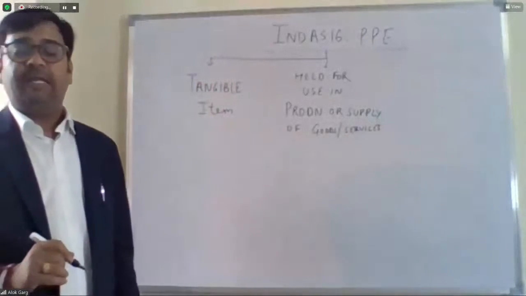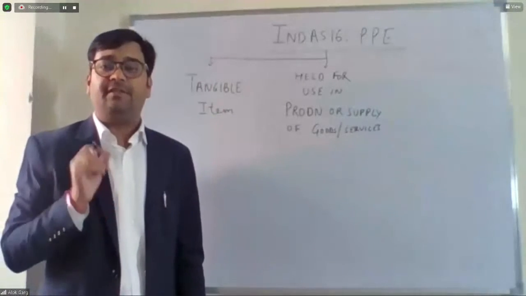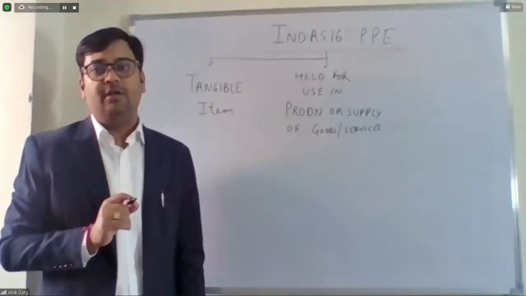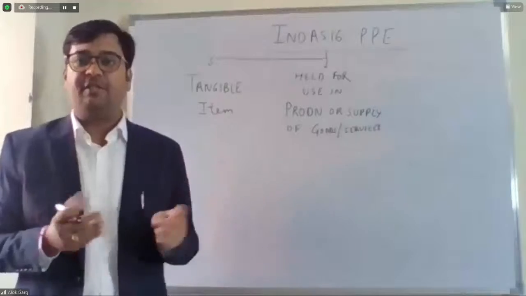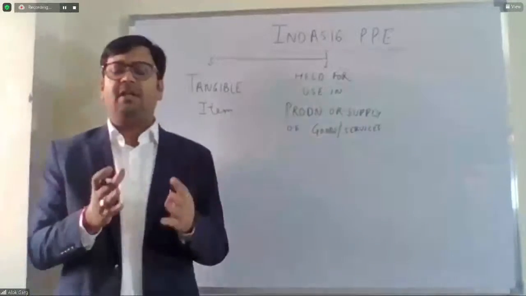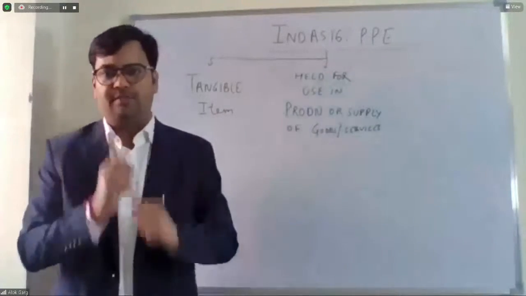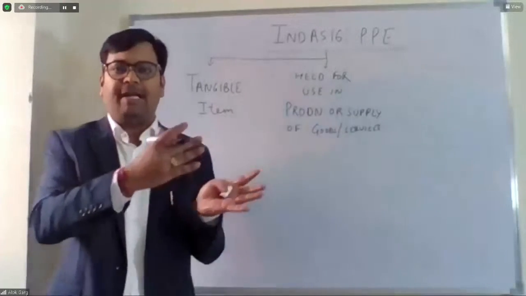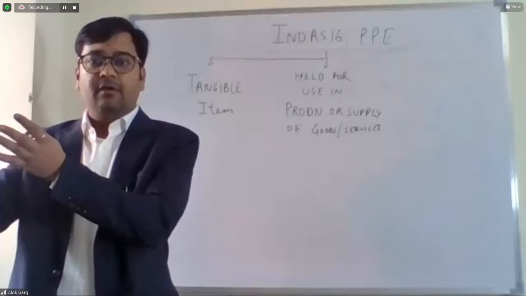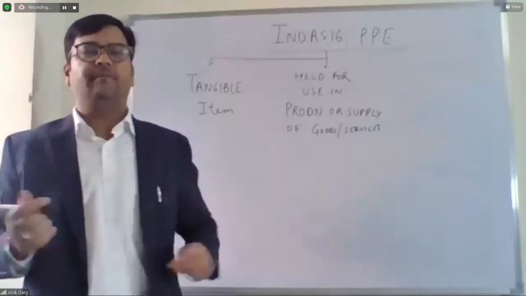So first of all, tangible item, the purpose of the tangible item, is that it is held for use in production or supply of goods and services. For example, machinery is held for production of goods. For example, truck is held for supply of goods.